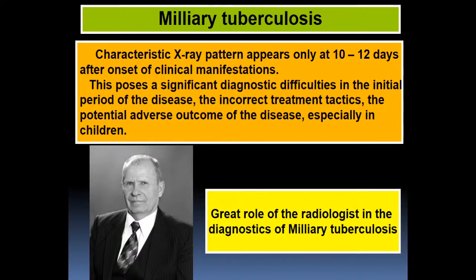This poses significant diagnostic difficulties in the initial period of the disease, incorrect treatment tactics, and a potential adverse outcome of the disease, especially in children. This is the great role of the radiologist in the diagnostics of miliary tuberculosis.